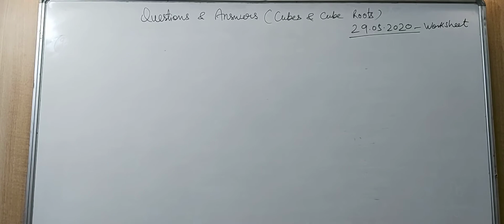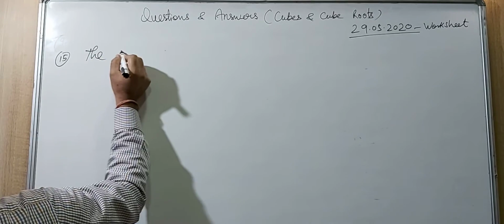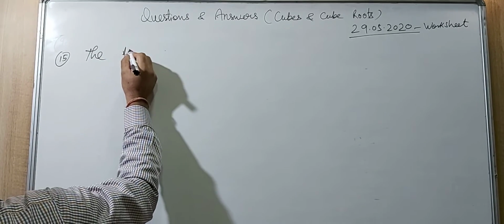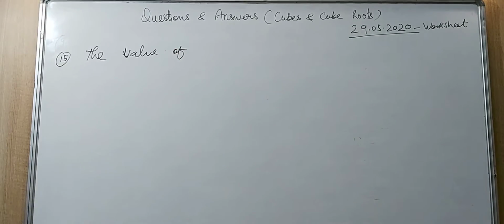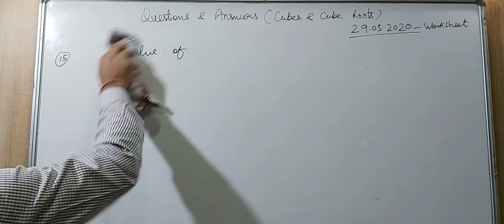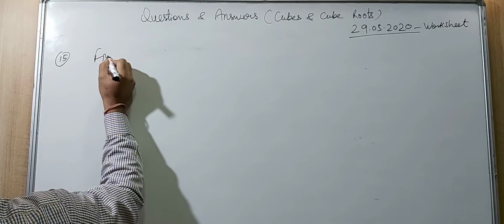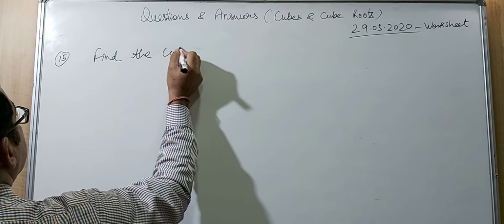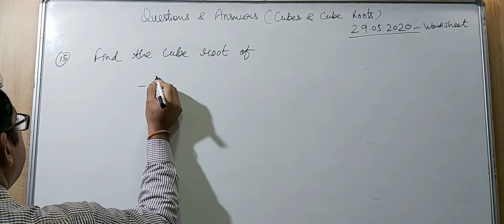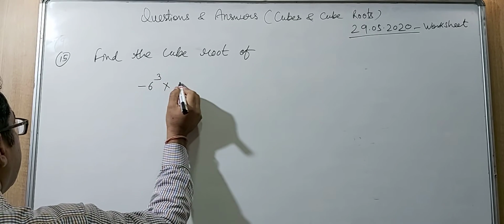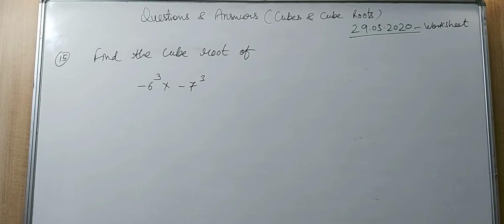See, the question was, find the value of the cube root of minus 6 power 3 into minus 7 power 3. So you have to find the cube root of this one.